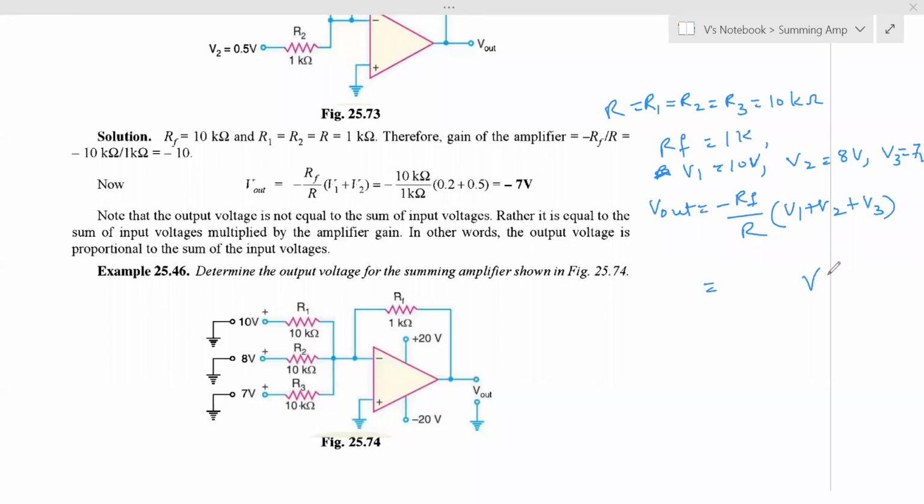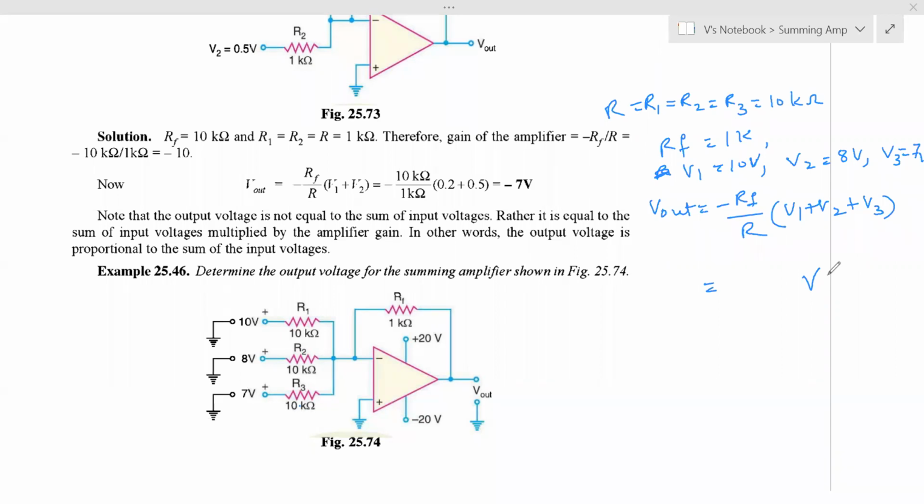फाइनल आंसर बोलिए. एडिशन कितना हो गया वोल्टेजेस का? 25 वोल्ट, राइट?